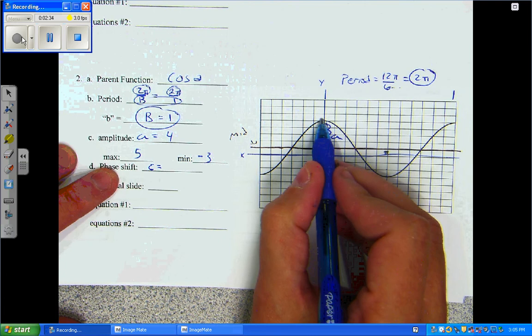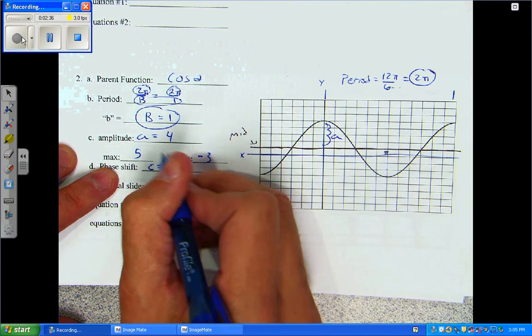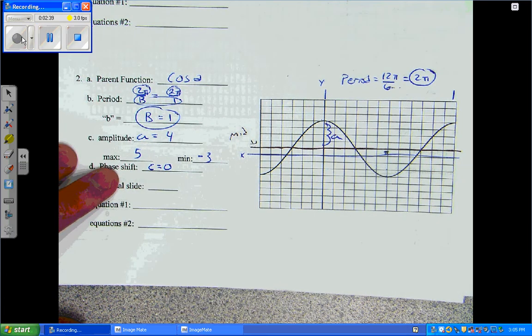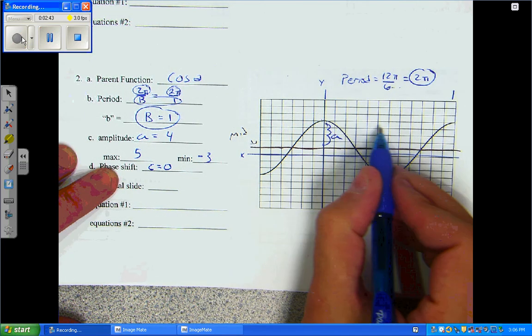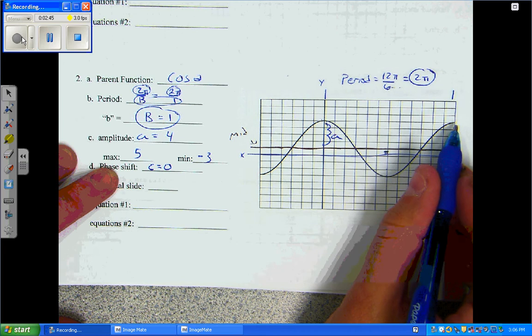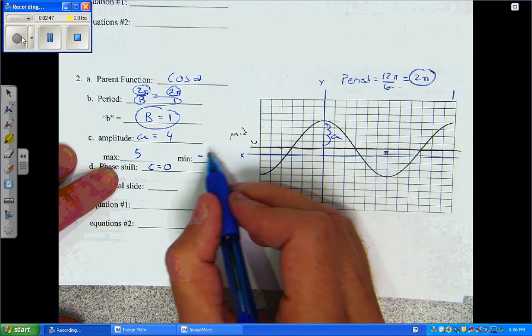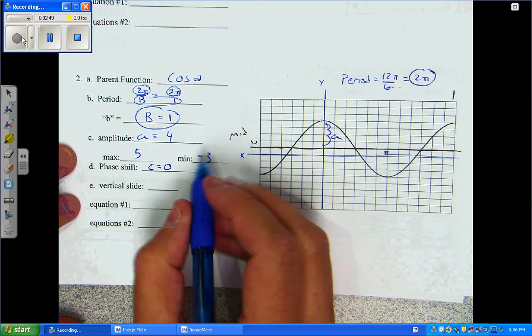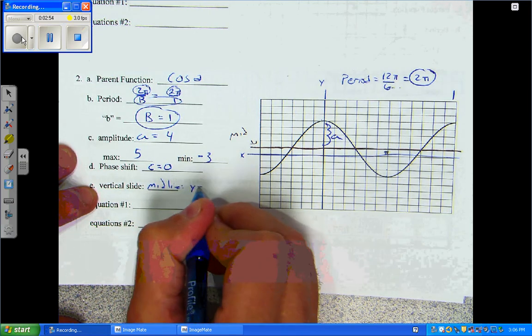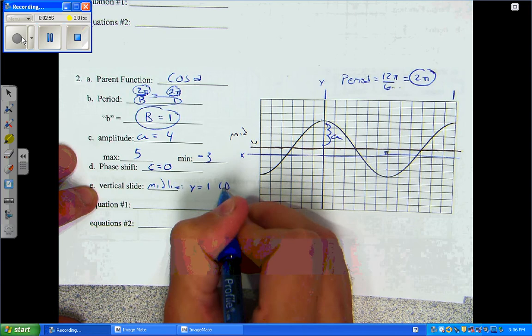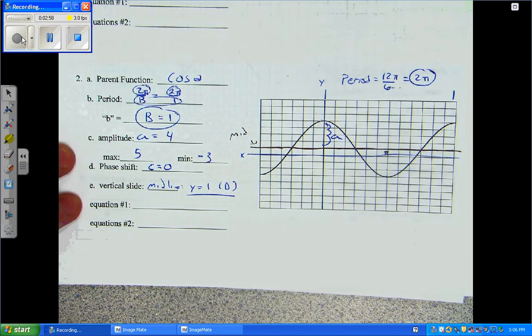Well, I'm already at the peak here, so my c right here is just going to be 0. And if I want to, I could use this one, 2 pi, but 0 is easier to use. Now the vertical slide, remember, that's our midline, and it's y equals 1, which just happens to be our d value.